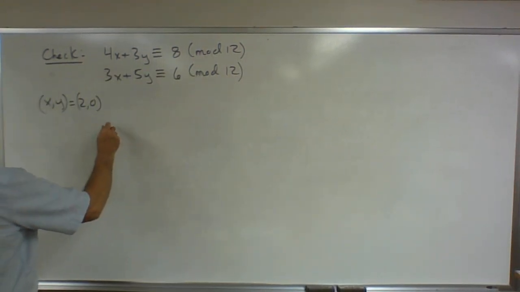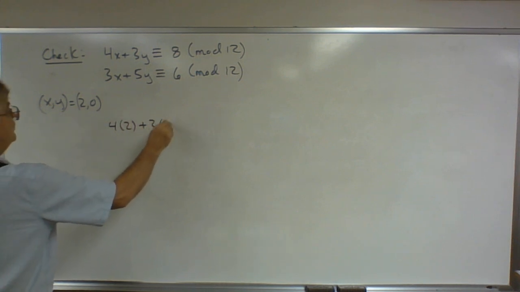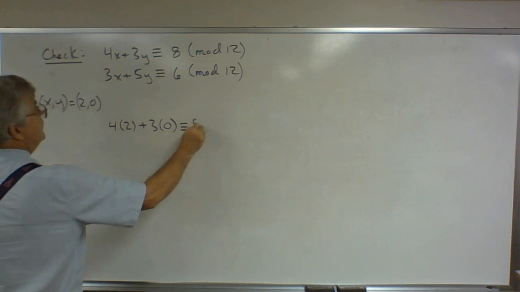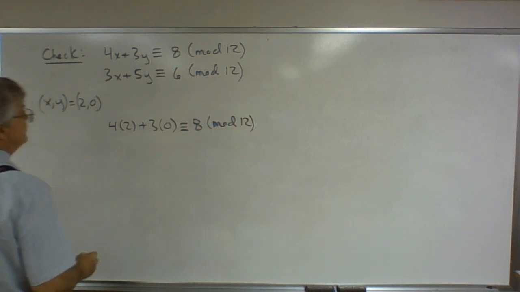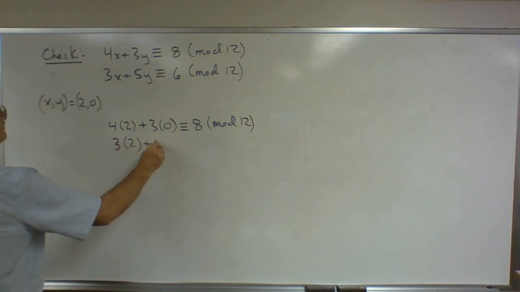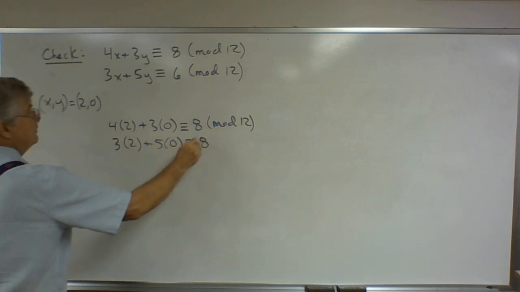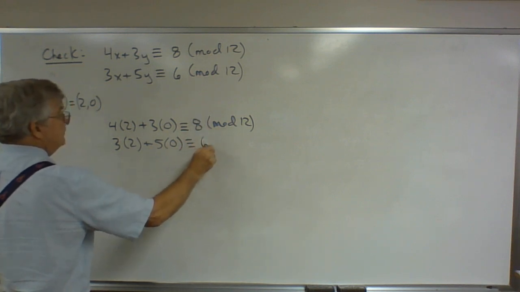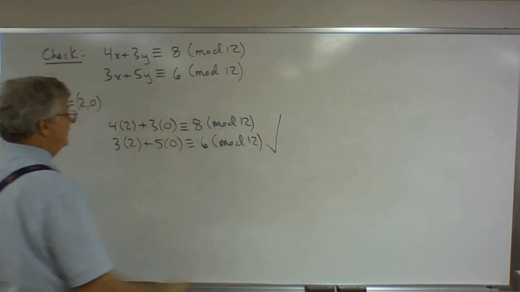Okay, let's check. 4 times 2 plus 3 times 0, congruent to 8 mod 12, you bet. 3 times 2 plus 5 times 0, congruent to 6 mod 12, absolutely.